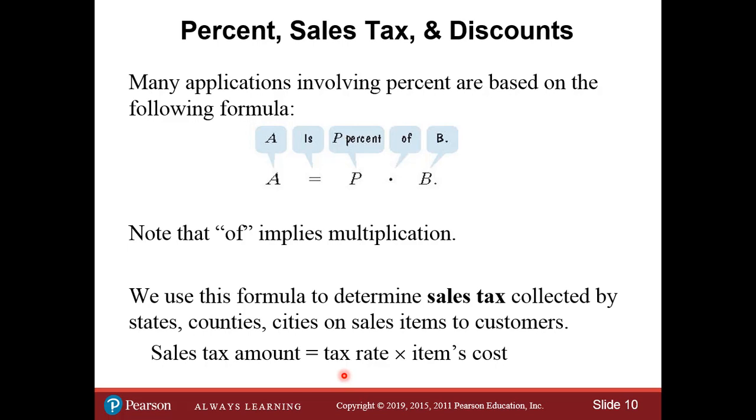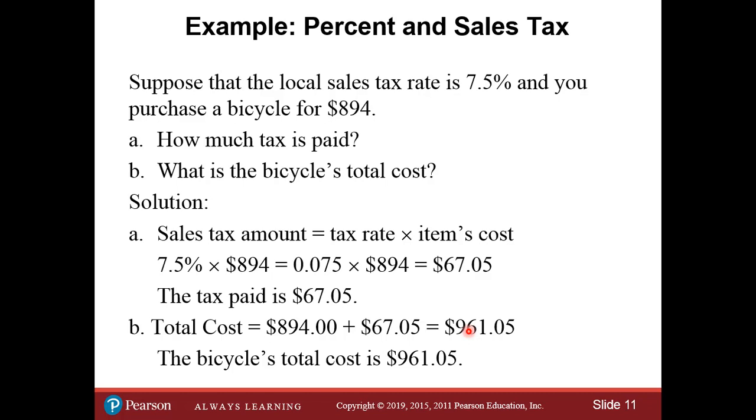So we do not use percent signs in calculations, okay? And so we take the rate as a decimal and we multiply it by the item's cost, and that will give us the amount of tax that we pay.